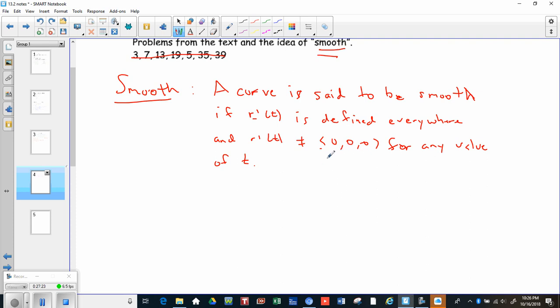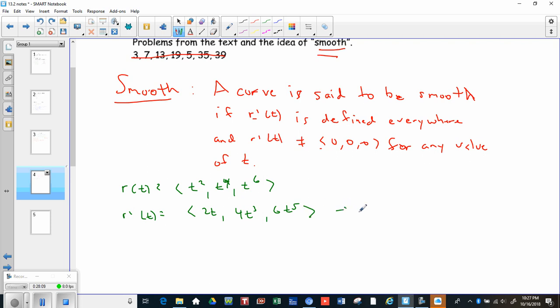So let's create one. We'll call r of t, so this is our space curve, t squared, t to the fourth, t to the sixth. So we want to figure out if this is a smooth curve. Well, if we take r prime of t, it must exist everywhere. So r prime of t is 2t, 4t cubed, and 6t to the fifth.